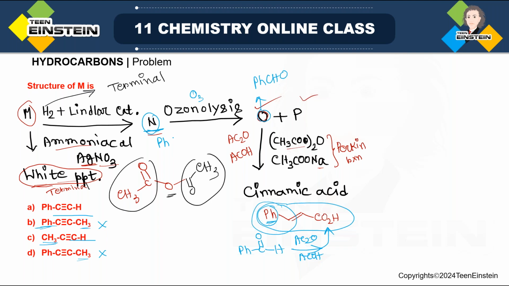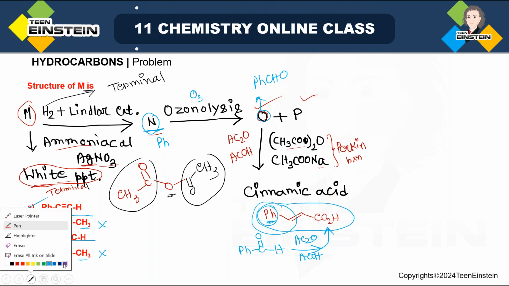So if M contains Ph and is also terminal, because of this observation of white precipitate, then option A must be the correct option. So this much information is enough. You don't have to write the full reaction, and in this way you can save your time. But the cinnamic acid structure must be known, otherwise it is difficult to write the structure.